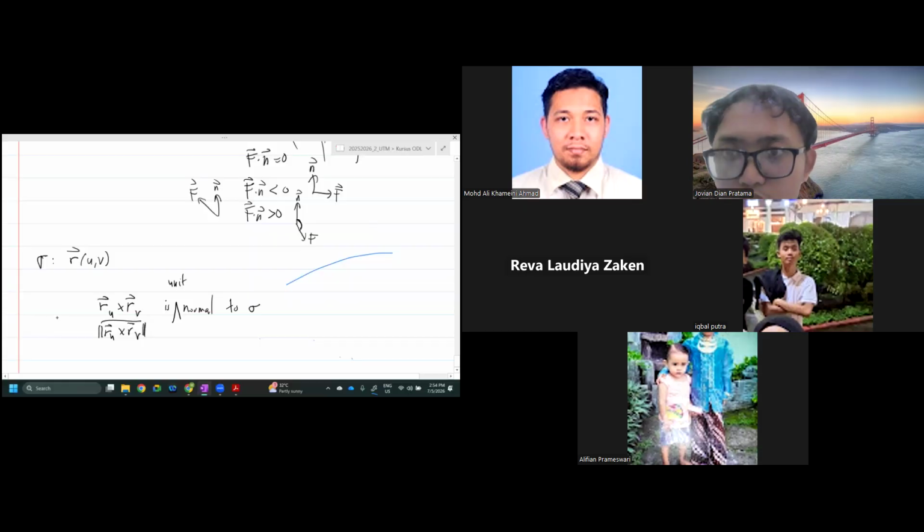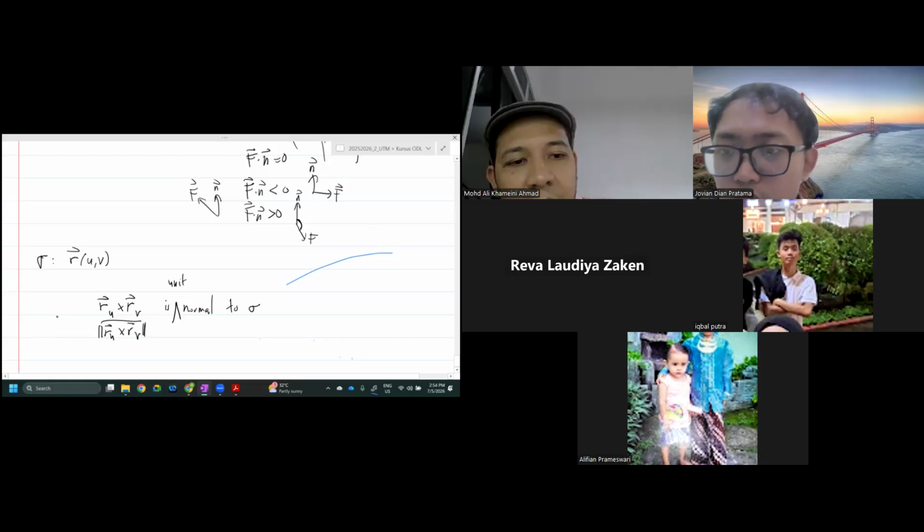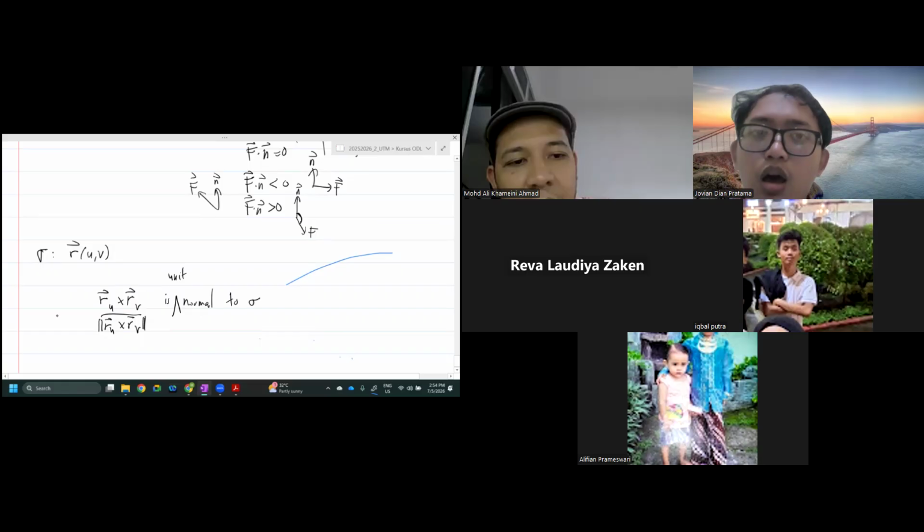Okay. So by these, if you substitute into the formula there, you will have F dot N dS. So this is the unit normal of the surface, okay?